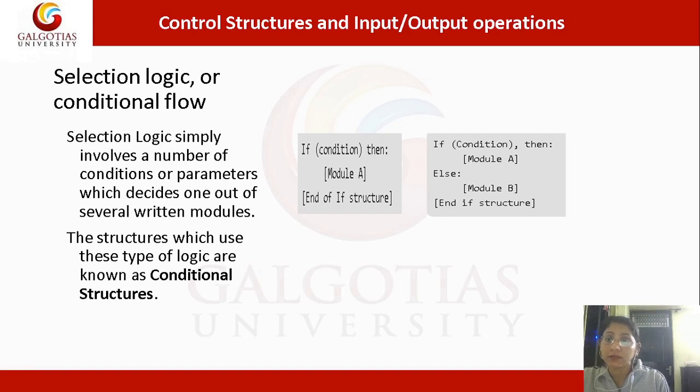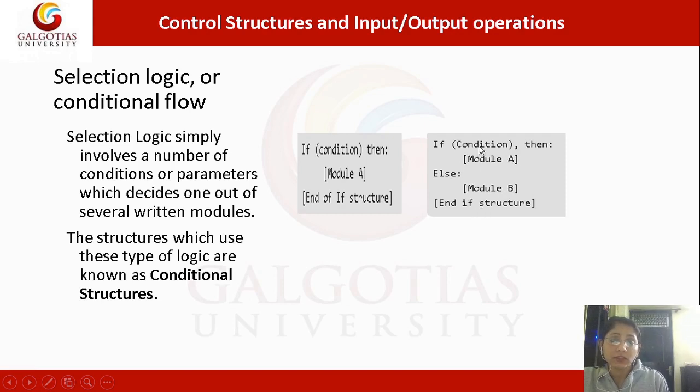Whereas in case of selection logic or conditional flow, as demonstrated in the diagram, if you put a condition, based on that condition module A will be executed. And if your condition is false, then module B will be executed.